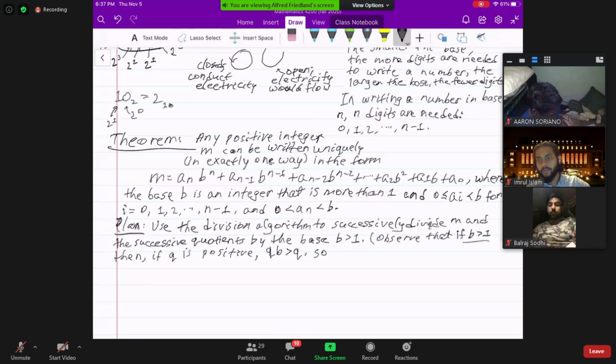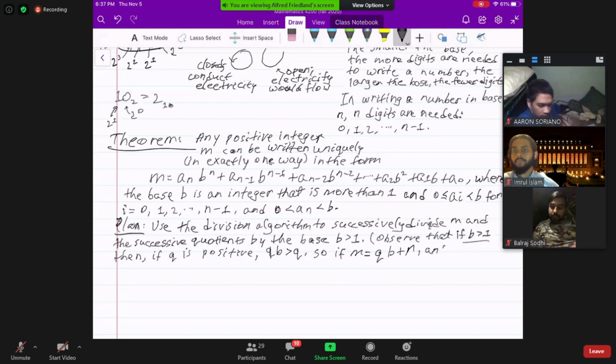So multiplying both sides by Q. So if, for instance, M equals, say, Q, I'll just write, I'm going to use a subscript, and M is positive, which it is in this theorem.